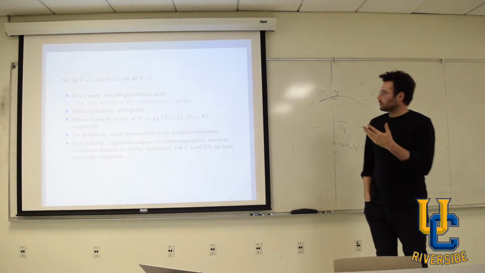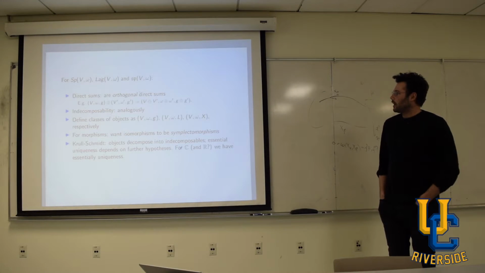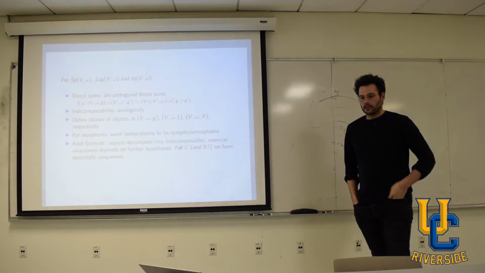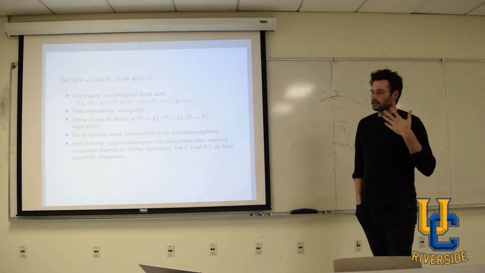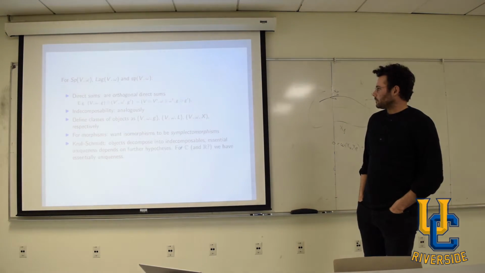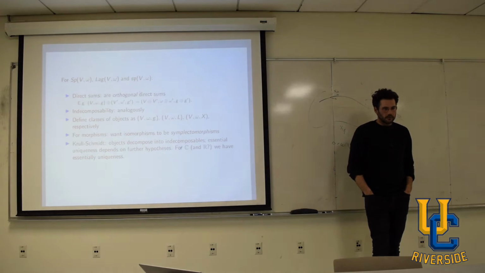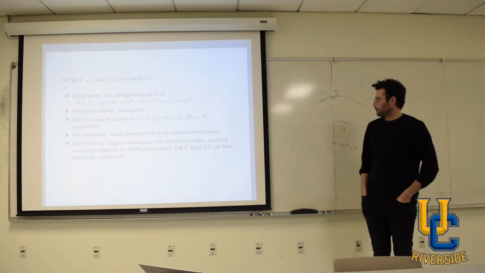And we have an analogous notion of direct sum. In this case, we want the notion of isomorphism to be encoded by symplectic morphisms. And in this case, objects still decompose into indecomposables, but the essential uniqueness is a little more delicate.